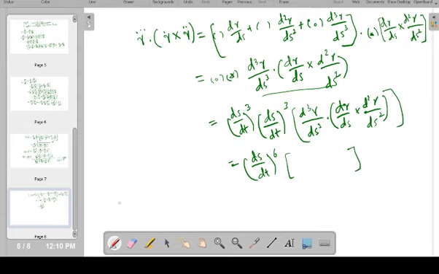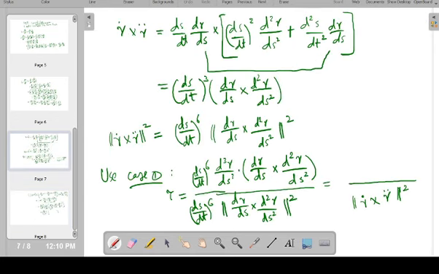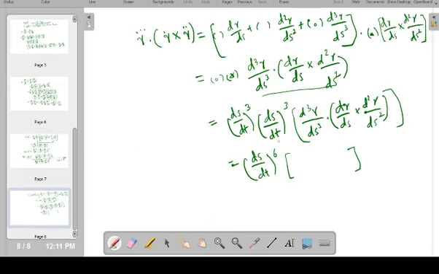Now let us go back to the previous computation, tau, and in the numerator we substitute for this expression. That is what we have just found: ds by dt whole to the power 6 into d cube gamma by ds cube dot product with d gamma by ds cross d square gamma by ds square.